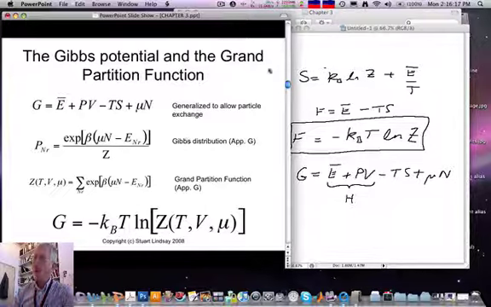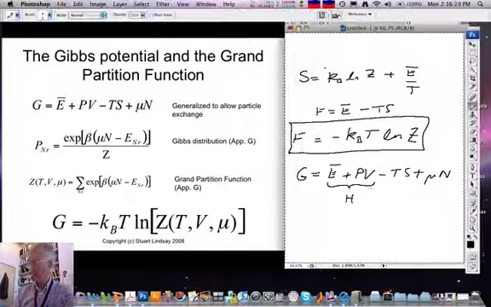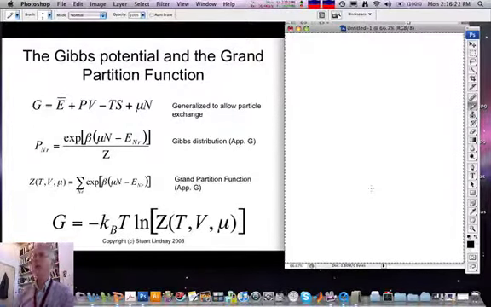So let's take a look at the definition of the Gibbs free energy in terms of a partition function. To generalize to the case where the particle number can change, we need to generalize the Boltzmann distribution to the Gibbs distribution. And here it is.